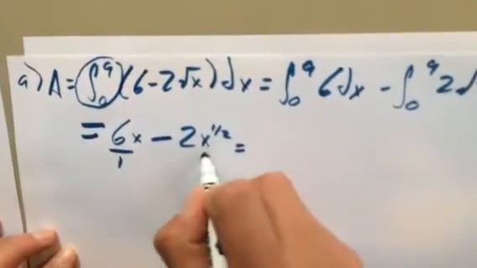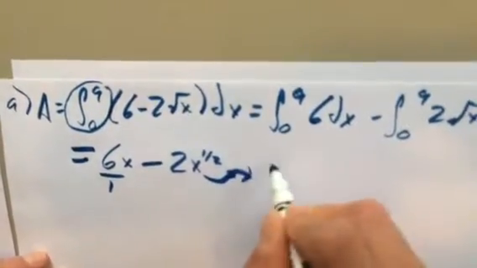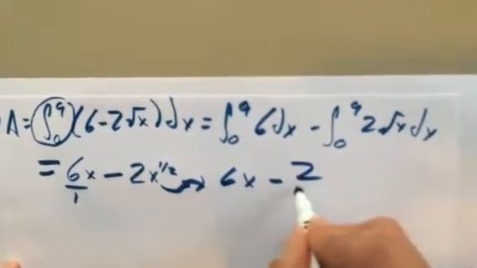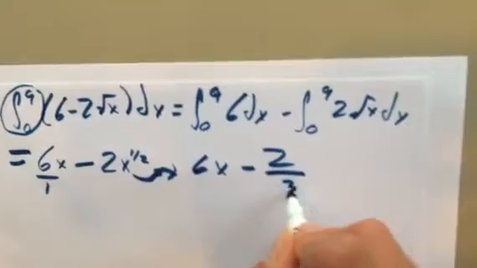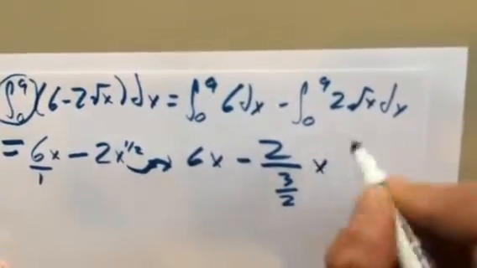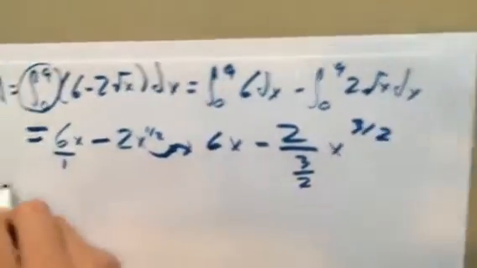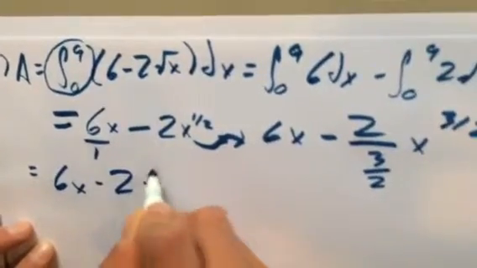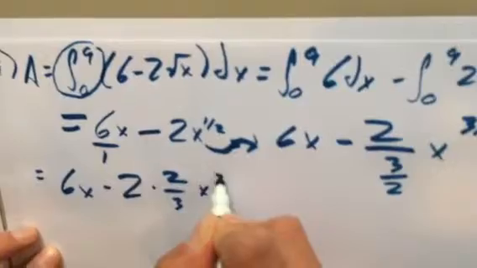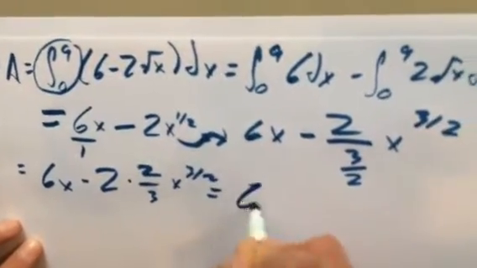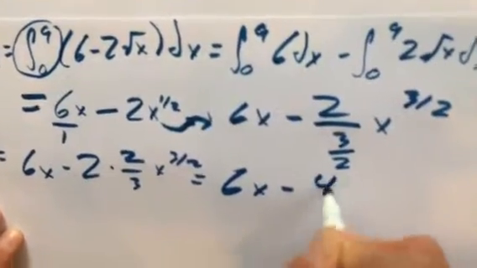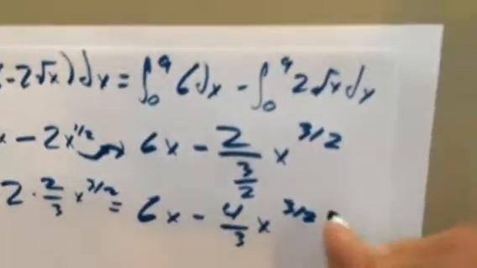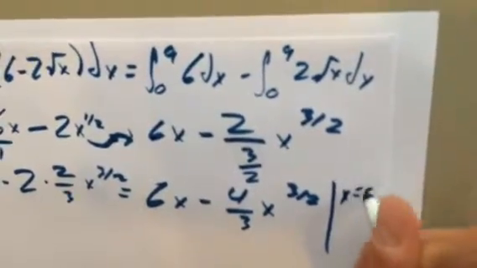This goes to 6x minus 2 divided by 3/2 times x to the 3/2, which is equal to 6x minus 2 times 2 over 3 x to the 3/2, which is equal to 6x minus 4/3 x to the 3/2, and we're going to evaluate this from x equals 0 to x equals 9.